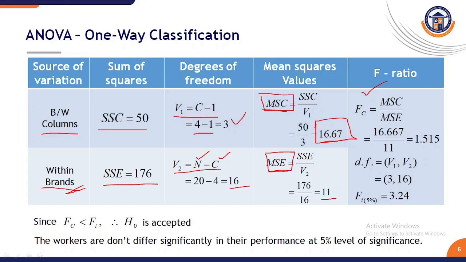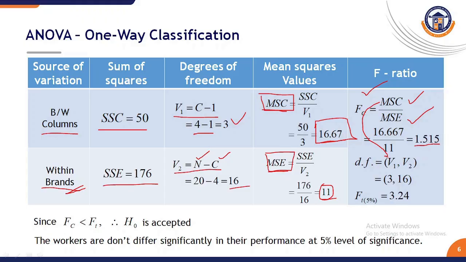So in this ANOVA, the F test is defined as MSC, highest value, divided by the lowest value MSE. Therefore, F calculated value, F test value is 1.515.